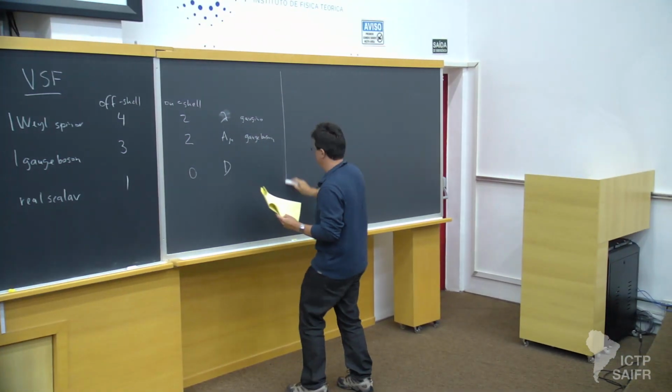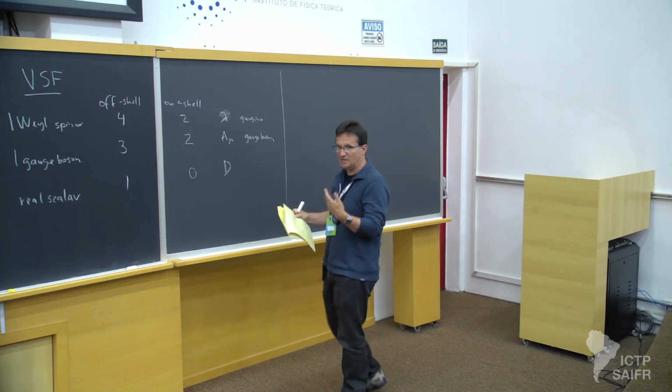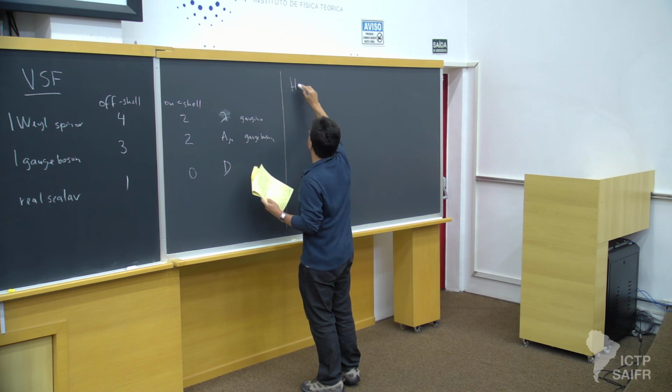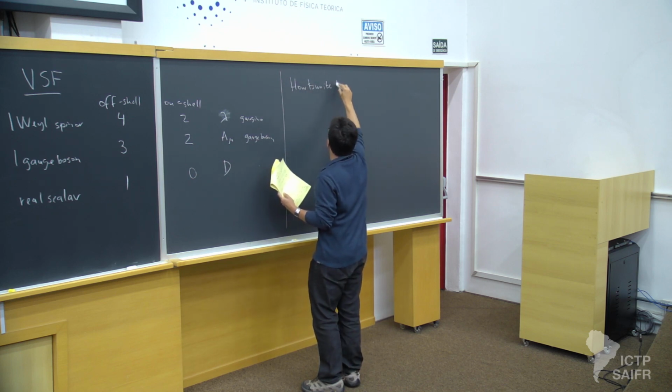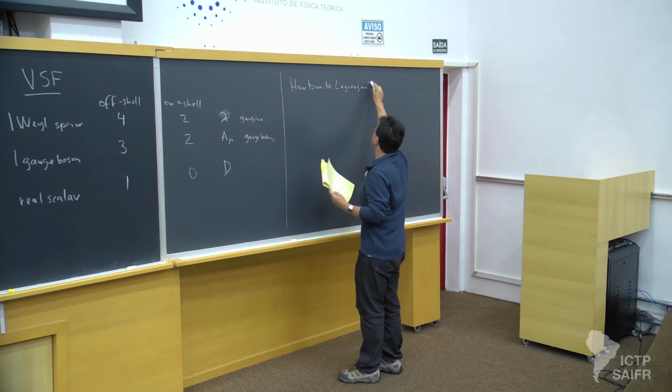Okay, very good. Now I have these degrees of freedom, and I would like to tell you how to write a Lagrangian that is, in fact, supersymmetric. That's the question.